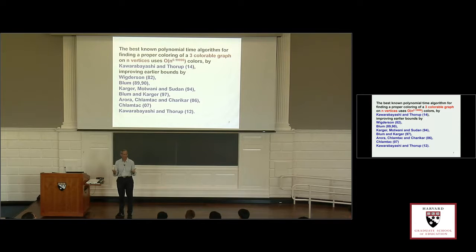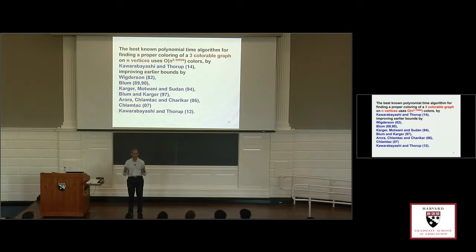But despite all these ideas, I want to stress that the result is basically pathetic, right? The graph is 3-colorable, namely it is possible to color it in principle by 3 colors, and in polynomial time the only thing we can do after all this work is to color it by about n to the 0.2 number of colors.